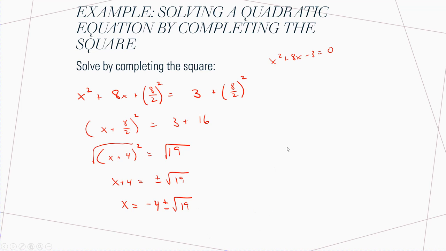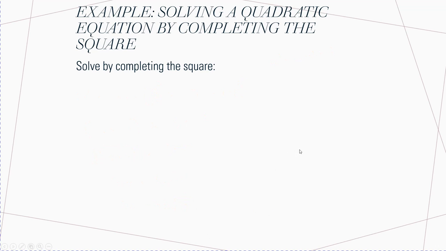All right, let's take a look at another one here. Let's look at x squared plus 6x plus 2 is equal to 0. Notice, I can't factor this, right? There's no two integers that multiply to 2 and sum to 6.